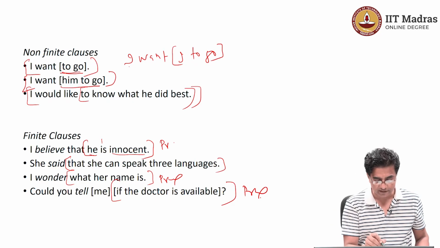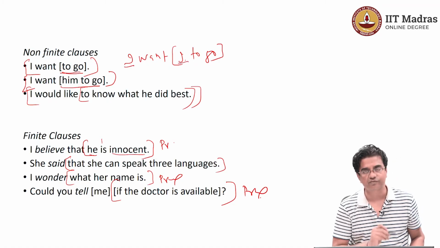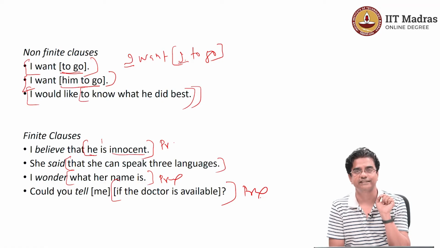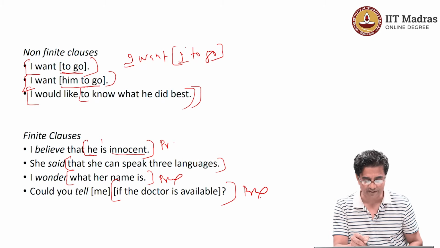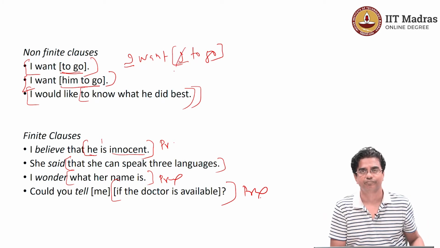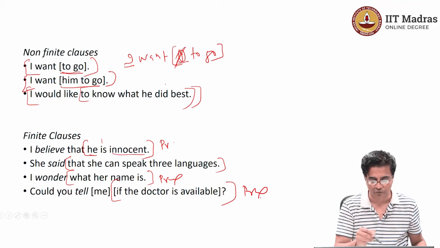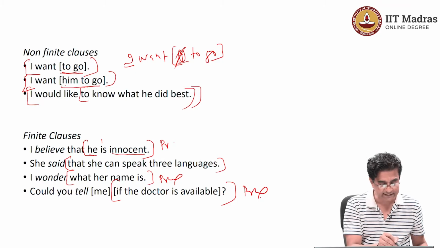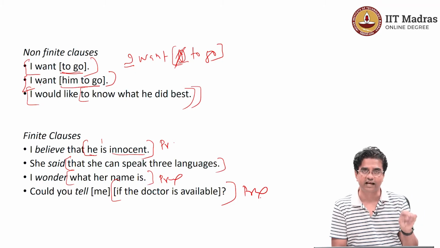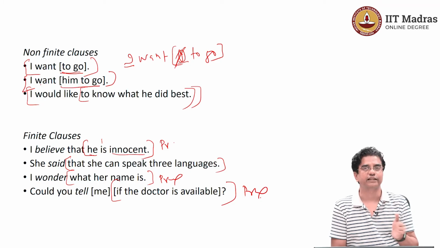So whenever the subject of the matrix clause and the subject of the embedded clause refer to the same individual, same entity, then the subject of the embedded clause can be dropped. And therefore it can become 0. But in this case, I want him to go, the subject of the matrix clause is I and the subject of the embedded clause is him. Therefore, they don't match.